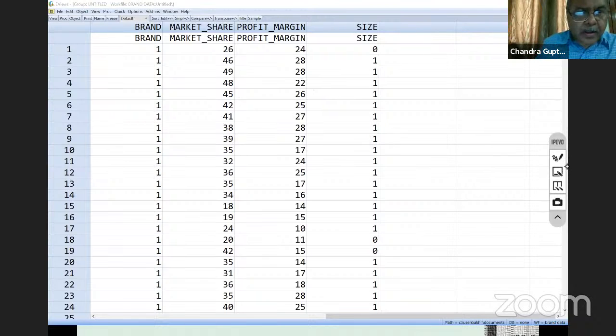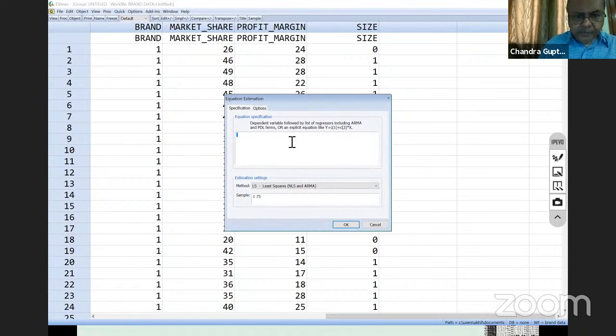Go to Quick, Estimate Equation. Brand is my dependent variable.